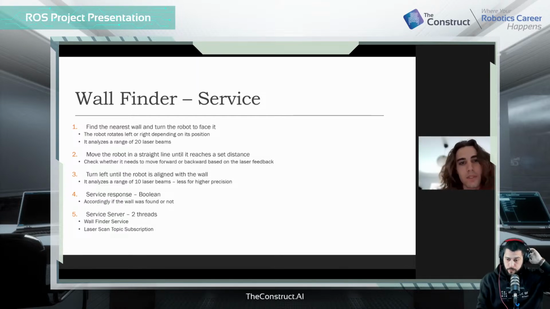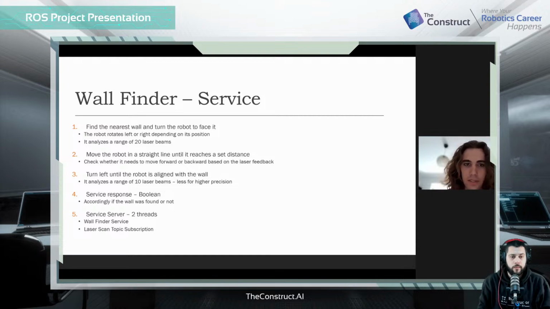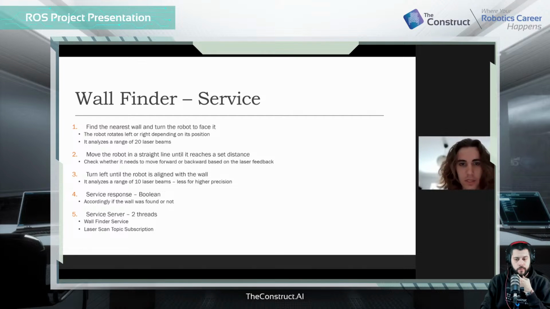For safety reasons, the robot analyzes a range of 20 laser beams. After the robot is facing the wall, then it will move in a straight line until it reaches a set distance. Then it will turn to the left until it has the right side facing the wall.